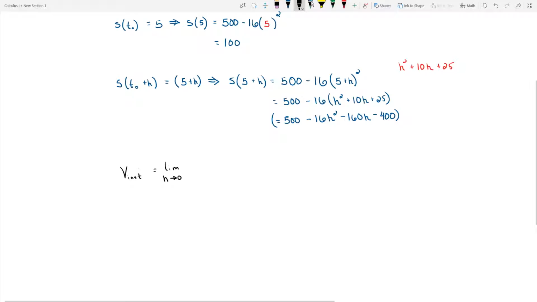And we'll go ahead and put this in. So remember, and I'll set it up again for us, we're going to have s of t sub 0 plus h minus s at t sub 0 divided by h. And we'll go ahead and put in what we have so far.